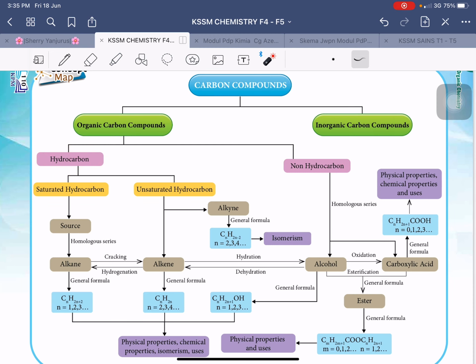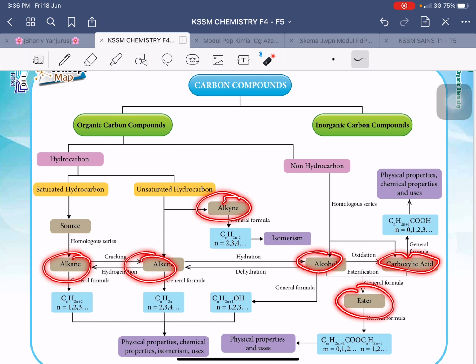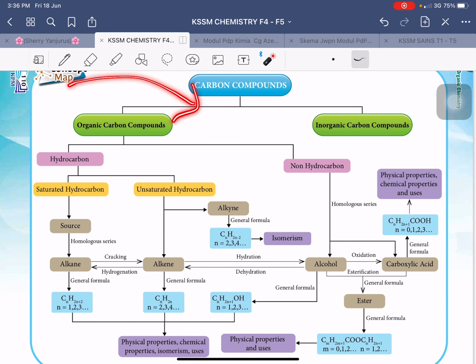And between these two, you focus on hydrocarbon more. There are saturated and unsaturated hydrocarbon. Okay, look at this brown color. There are alkane, alkene, alkyne, alcohol, carboxylic acid and ester. So we have learned 6 homologous series so far, and then the general formula also here. You can use this concept map to recap what you have learned in this chapter.